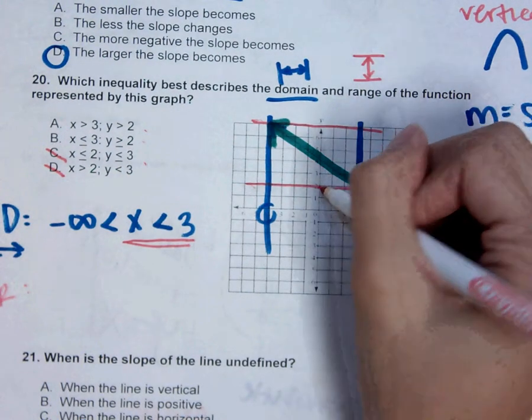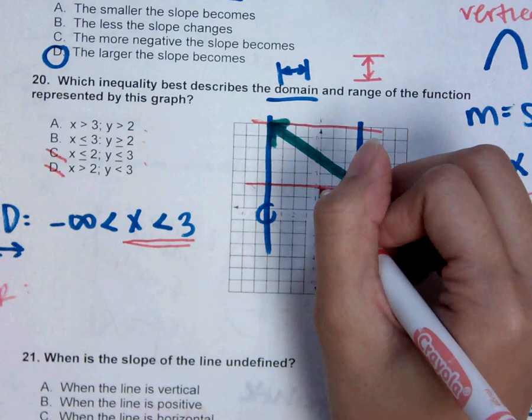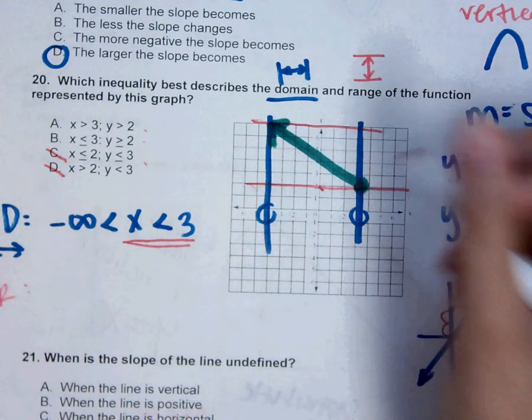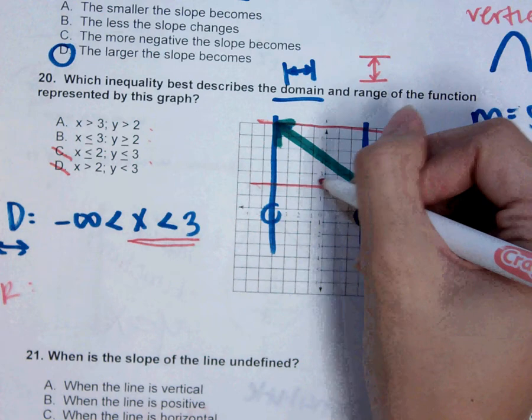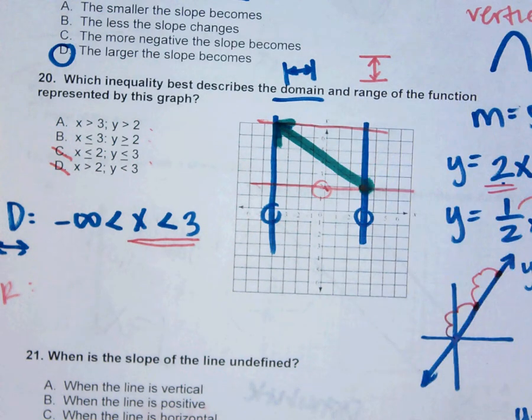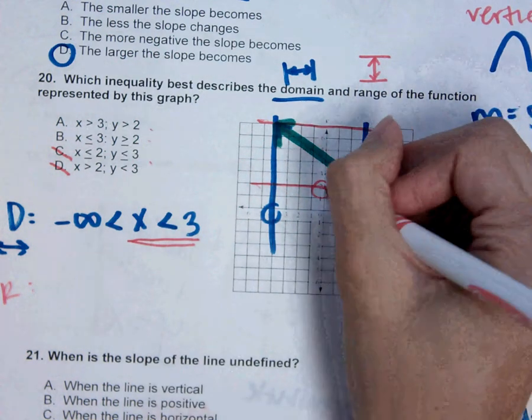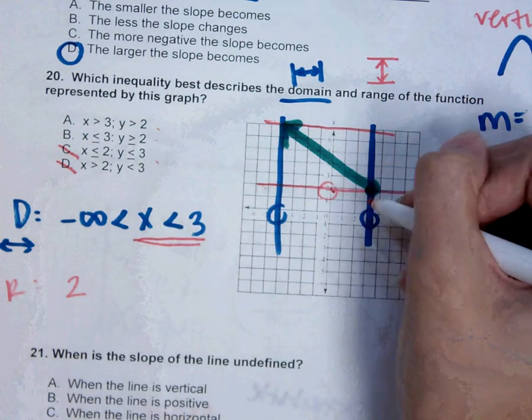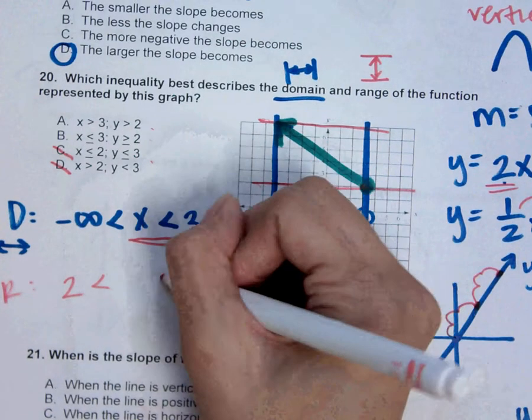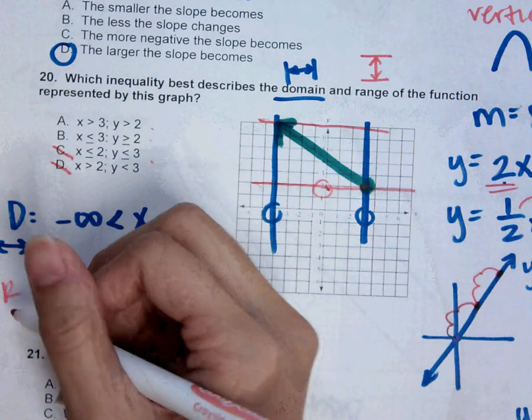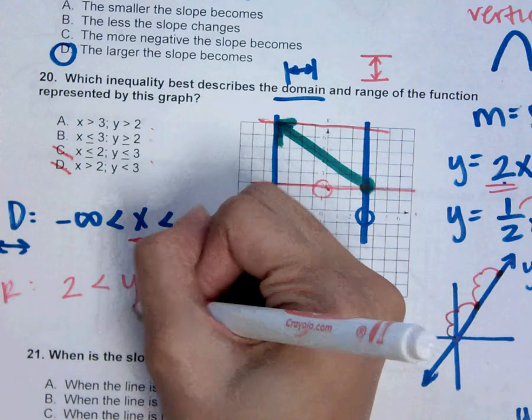What is the lowest possible that my graph can touch? It looks like it's -2. Oh, I made a mistake too, and I'll come back to that. Okay, so, I mean not -2, it's 2. So 2 is my floor, and I'll keep these inequalities, and we know that range is y.